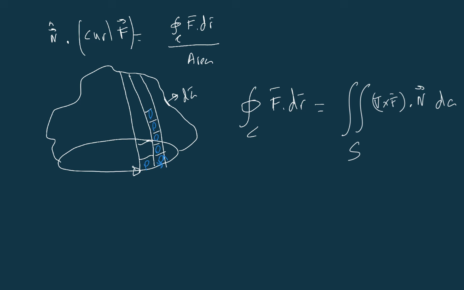The curl of F measures the circulation per unit of area. If you multiply the circulation per unit of area by the area, and this is done in the limit when the area A sub i goes to 0, then the tendency to rotate of the vector field around the surface is exactly the same as the line integral of the vector field around the curve.